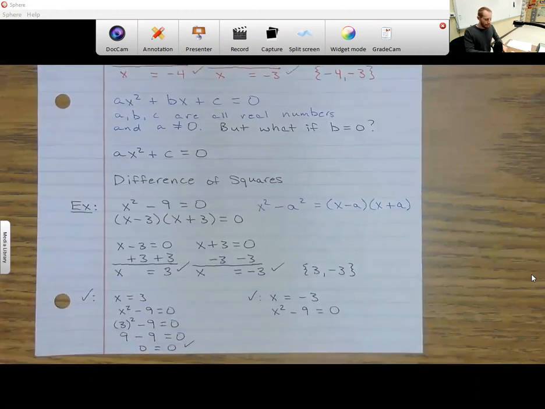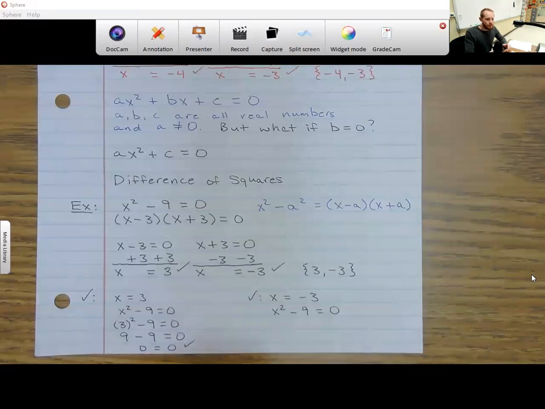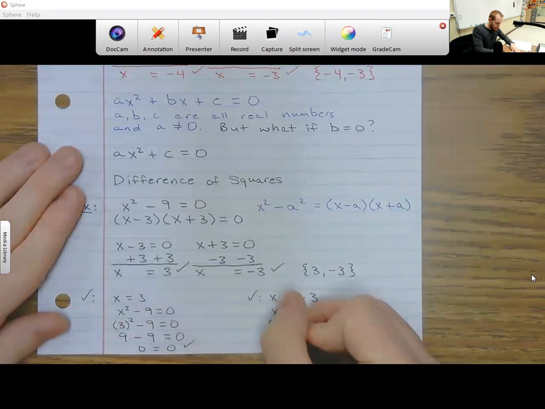Now I look at the negative 3 over here. The only difference between these two answers is one of them is positive and the other one is negative. So really, when you square these two numbers, you're going to get the same thing, because what's negative 3 times negative 3? The negatives cancel out, right? That just gives me a positive 9. So let's plug in negative 3 right here.